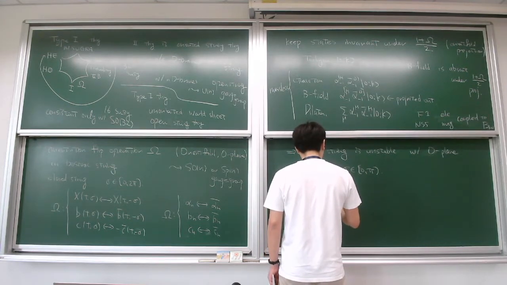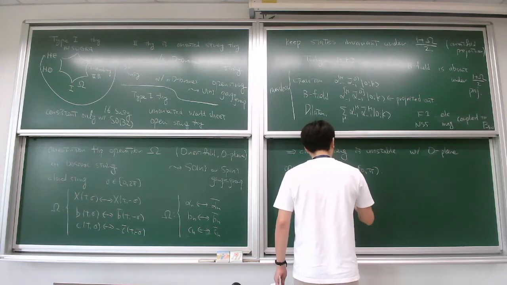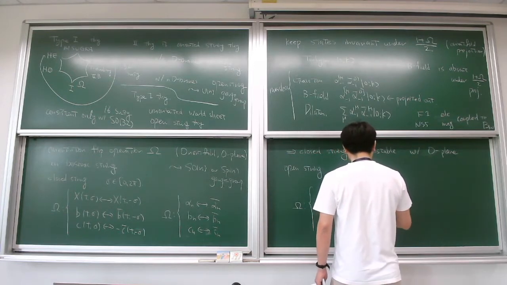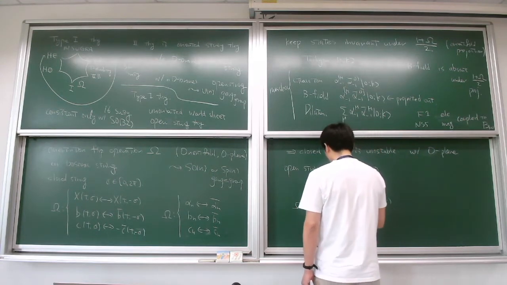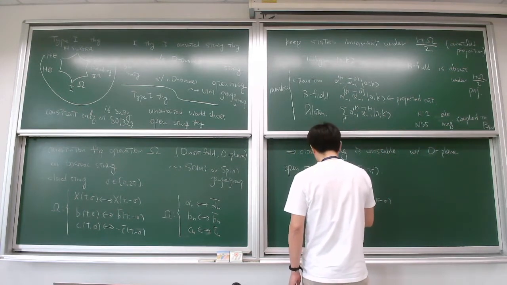So the orientation flip is indeed just sigma goes to pi minus sigma and so on, and what's left is the same.